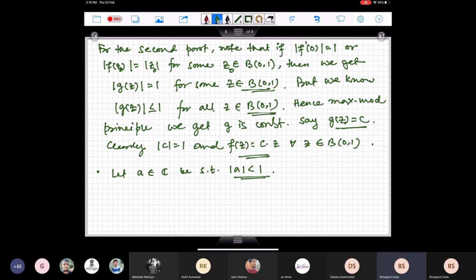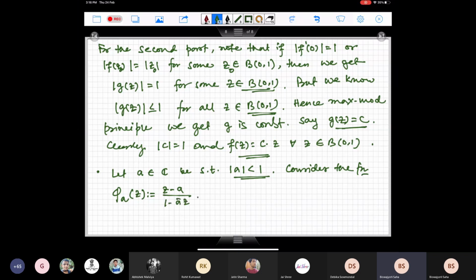So I need to have some extra factor so that this translation is taken care of. So what do I do? Consider the function, exactly like you said. I am denoting it as phi of a. So phi of a at z is z minus a divided by 1 minus a bar z.